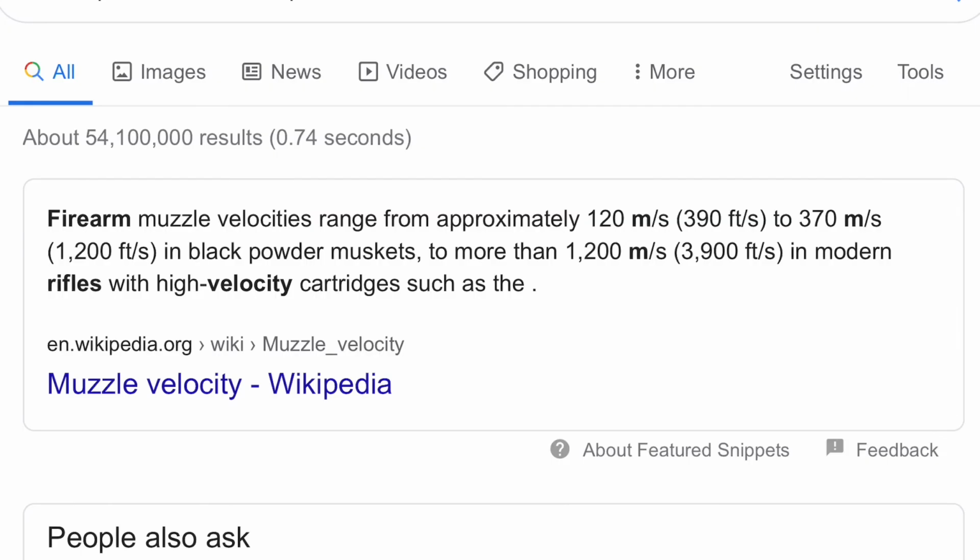So just doing a Google search, we see that from the Wikipedia page, firearm muzzle velocities range from approximately 120 meter per second to 370 meter per second in black powder muskets to more than 1200 meter per second in modern rifles and high velocity cartridges. So this is an acceptable range then.